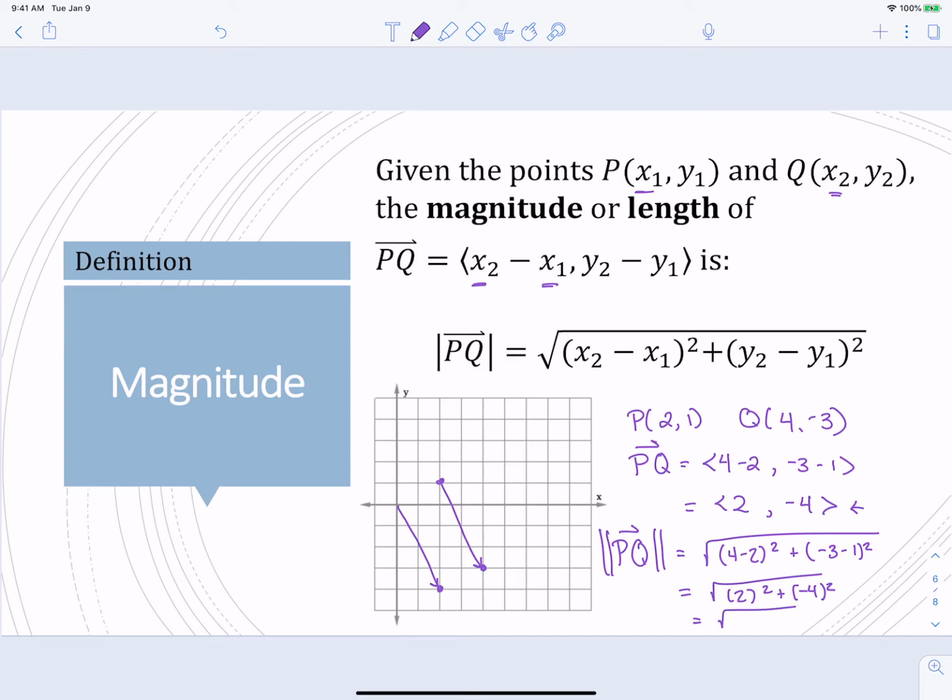And we get the square root of 4 plus 16, which is the square root of 20. Do be careful when you're squaring your negative numbers. Okay, those should be positive. And square root of 20 is fine. I'm not super picky that you have to write this as 2 square root of 5. I will later for something, but I don't get too picky about that if you don't do that.